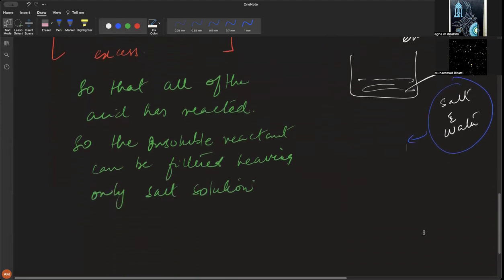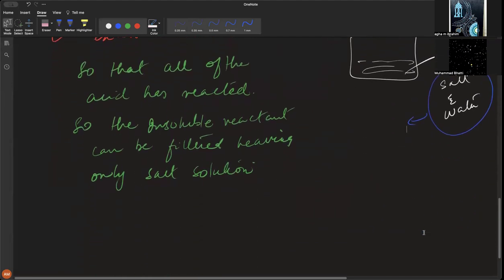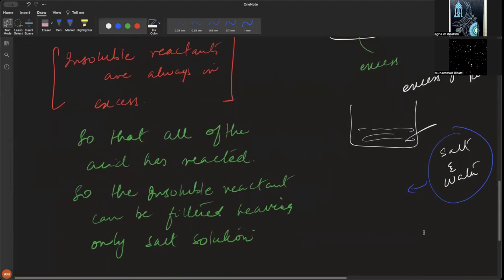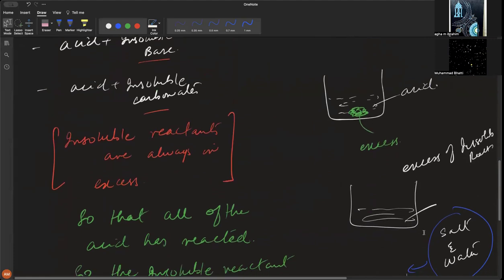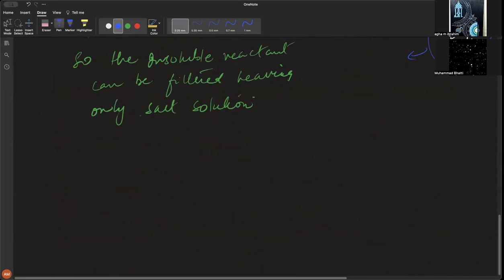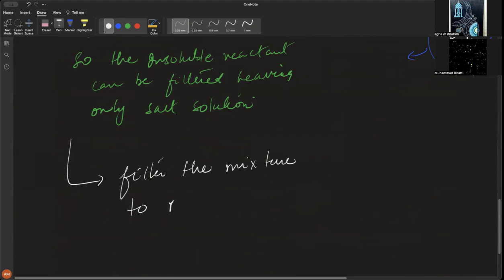So after that, what takes place? In method A, we take the insoluble reactant and react it with an acid. Then we filter the mixture to remove the residue. What is the residue?